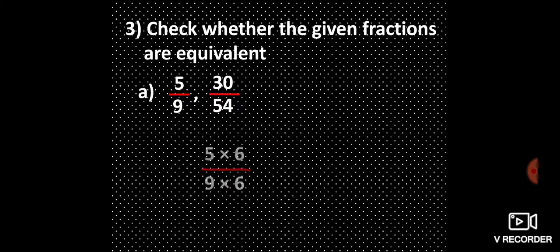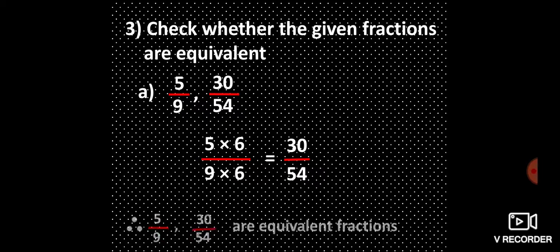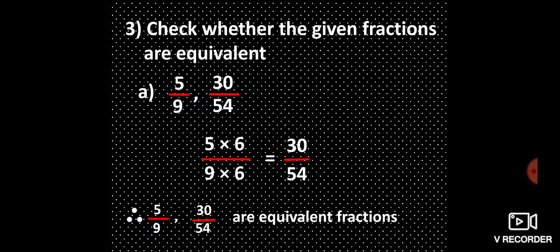So we write like this, 5 into 6, then the same for the denominator with 6. 5 into 6 by 9 into 6. 5 into 6 is 30 by 54. Here the fraction is 30 by 54. Here also 30 by 54. So we can write these are equivalent fractions. Therefore, 5 by 9 and 30 by 54 are equivalent fractions.